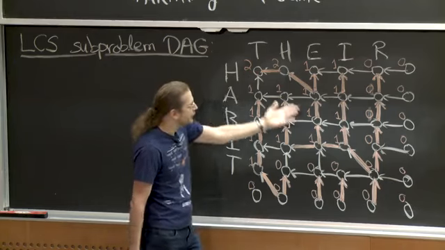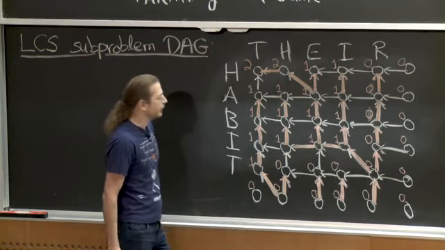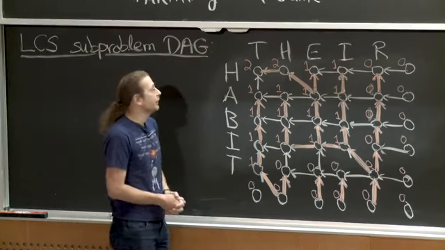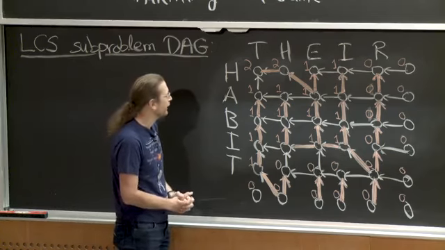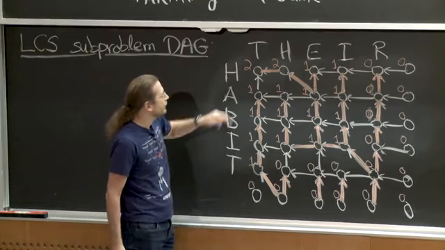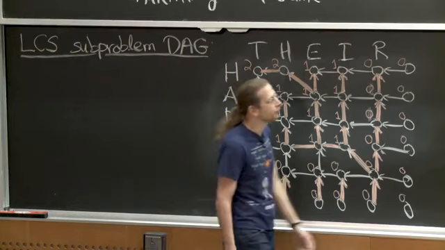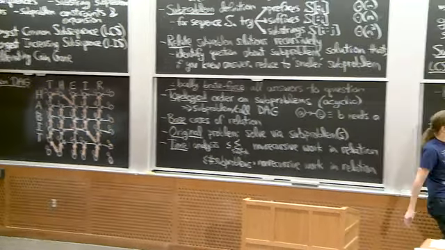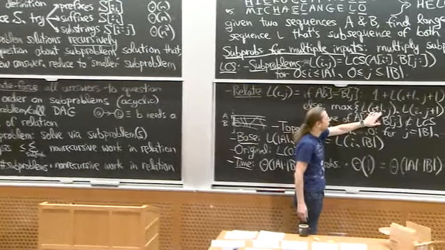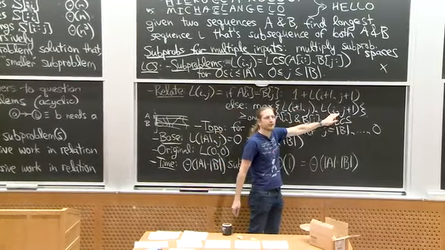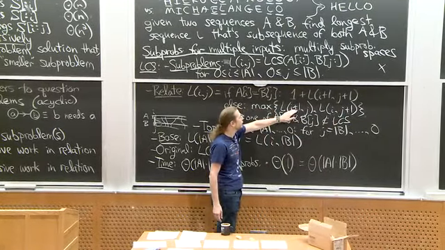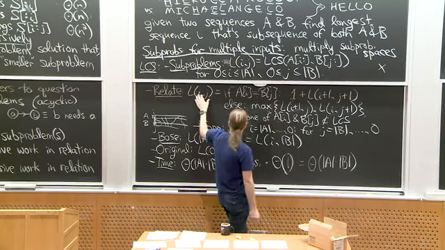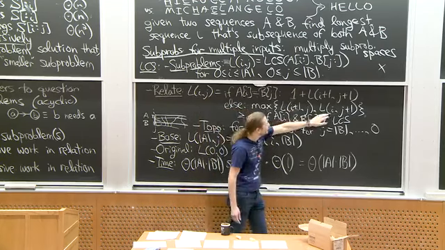And what I've drawn in here are what I'll call parent pointers, like we talked about with BFS and shortest paths and so on. So we had this choice. Sometimes we had a choice on whether we recursed here or recursed here was the best thing to do. And so I'll draw in red the arrow from Lij from one of these.